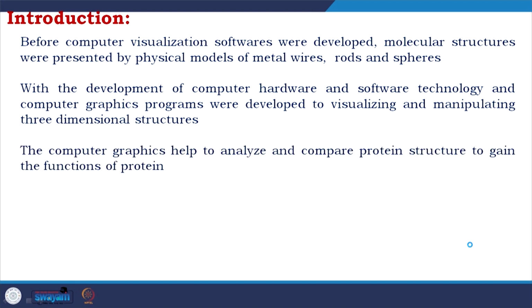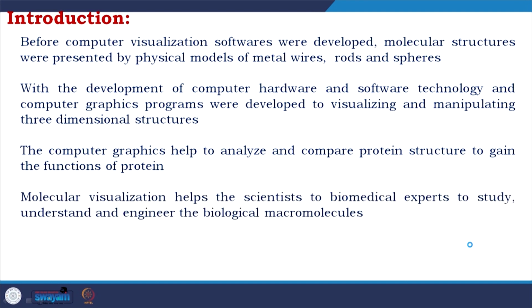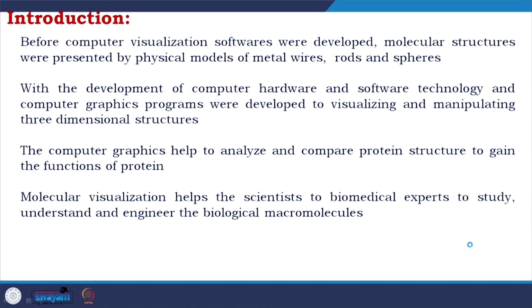Computer graphics help to analyze and compare protein structures to understand the functions of proteins. It is applicable to all biological macromolecules, but as I always say, protein is the functional molecule, so a lot of interest is always focused on protein. Molecular visualization helps scientists and biomedical experts to study, understand and engineer biological macromolecules.